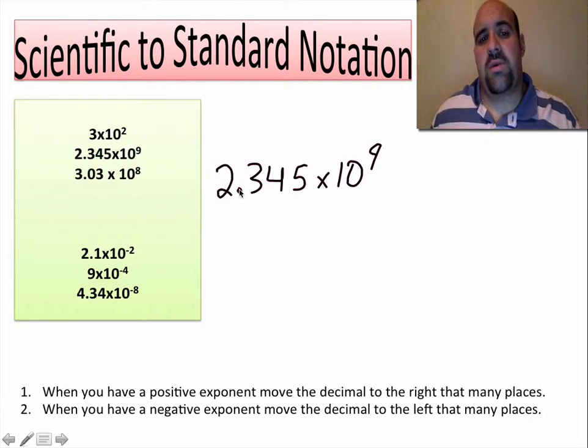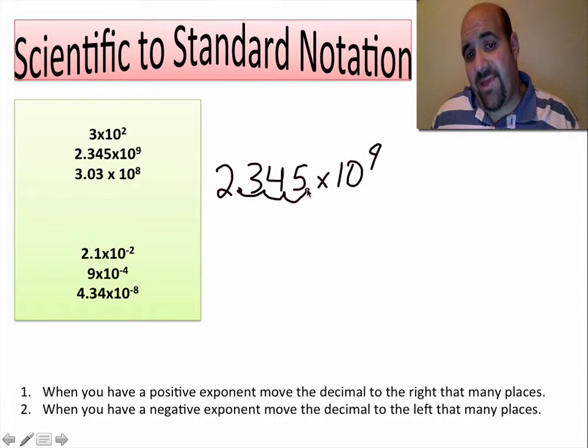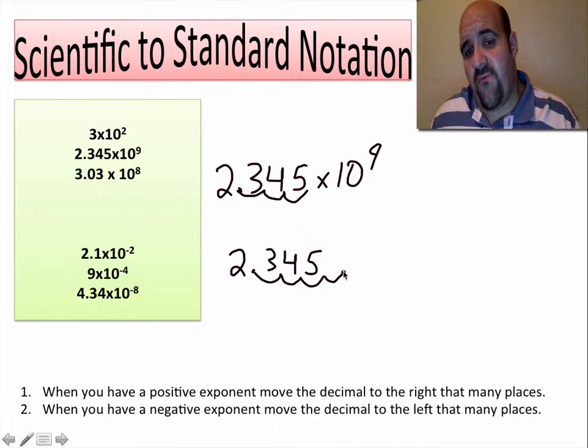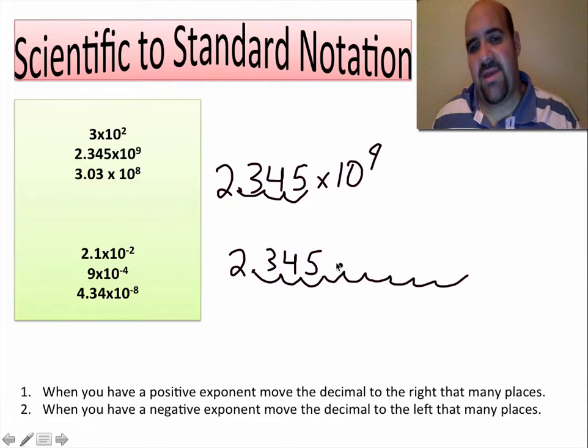Once I move it 1, 2, 3 places, I have to move it 6 more places, and I have to put in all those zeros. I'm going to move it 1, 2, 3, 4, 5, 6, 7, 8, 9 places, and I have to put in all 6 zeros.